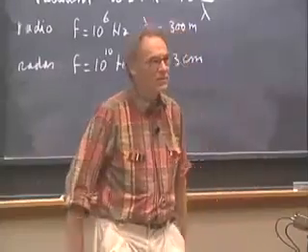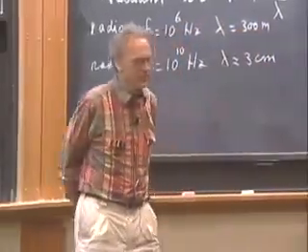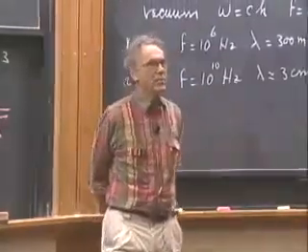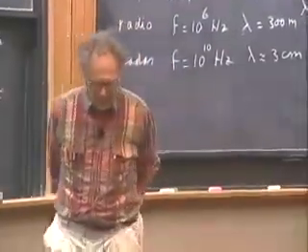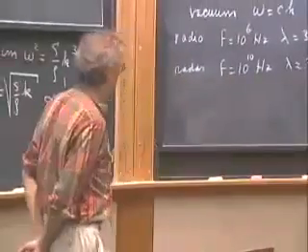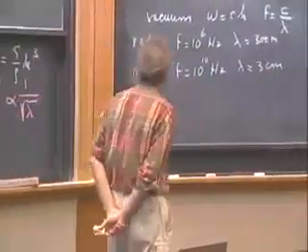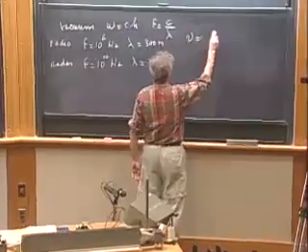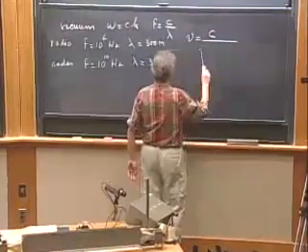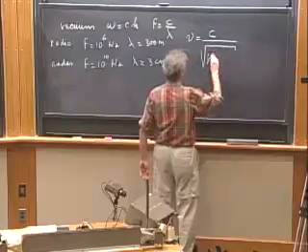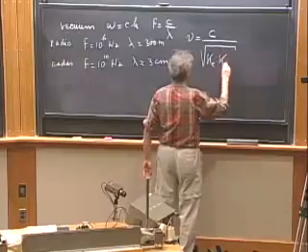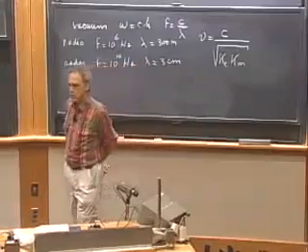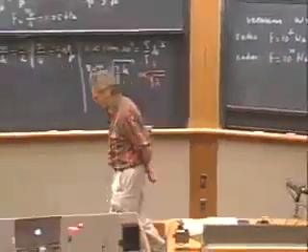Light in glass, or in water for that matter, is not non-dispersive. It is very dispersive. As we will derive in 8.03, the speed of electromagnetic radiation is c divided by the square root of the dielectric constant kappa e times the relative permeability kappa m, which you may or may not recognize from your 8.02 days.